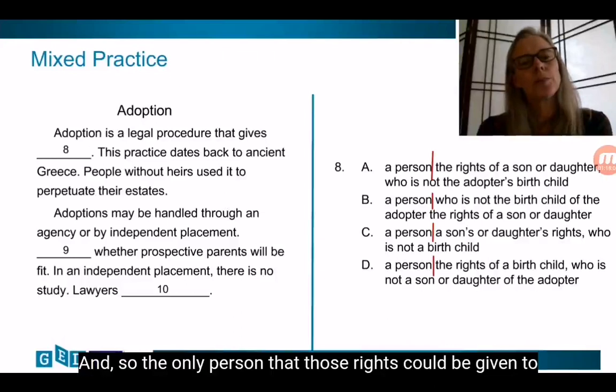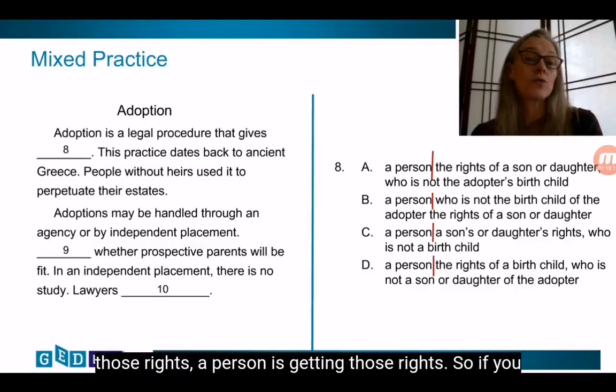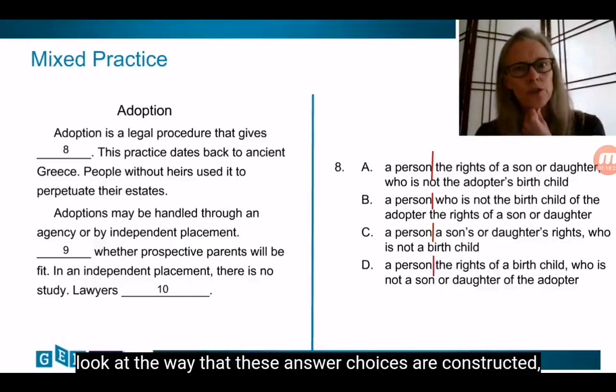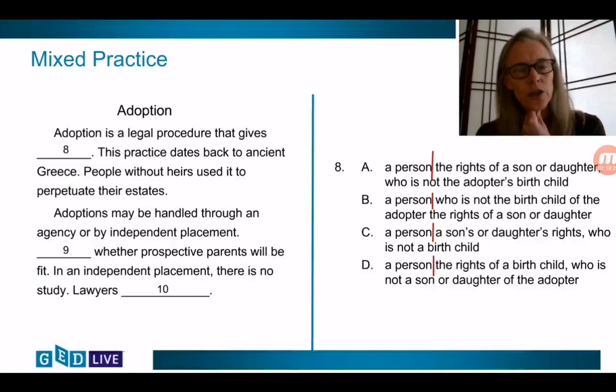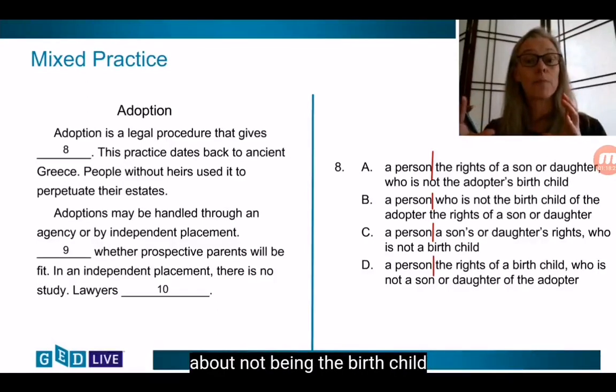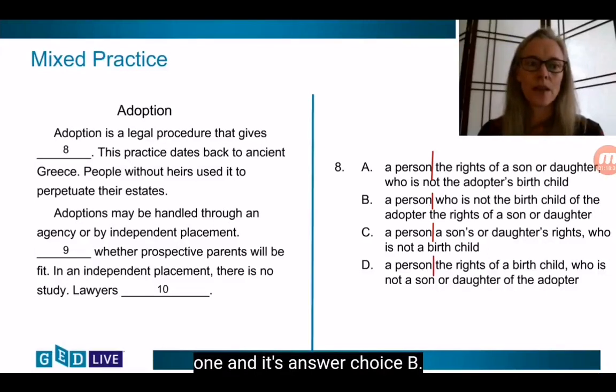And so the only person that those rights could be given to would be the adoptive son or daughter. And who is getting those rights? A person is getting those rights. So if you look at the way that these answer choices are constructed, there's only one choice that puts the correct modification about not being the birth child next to that person. There is only one, and it's answer choice B.